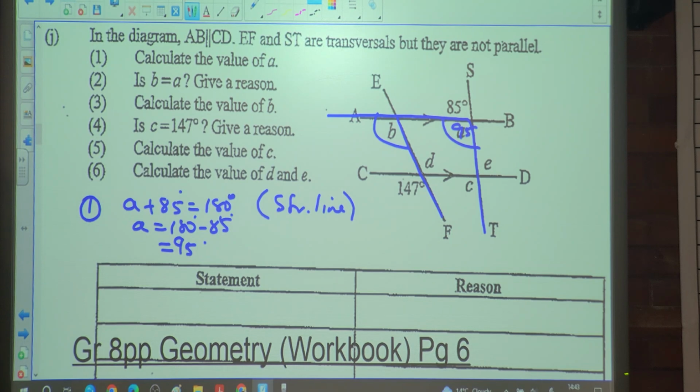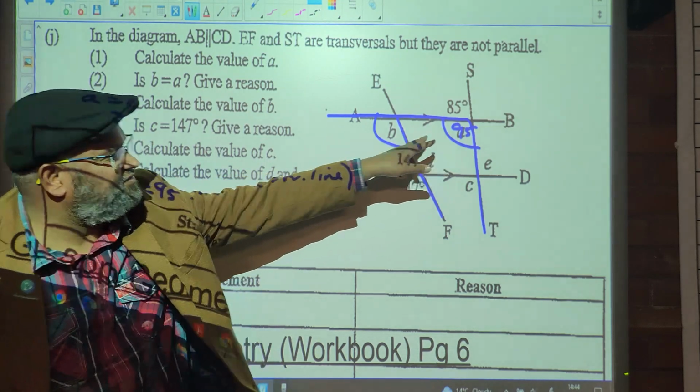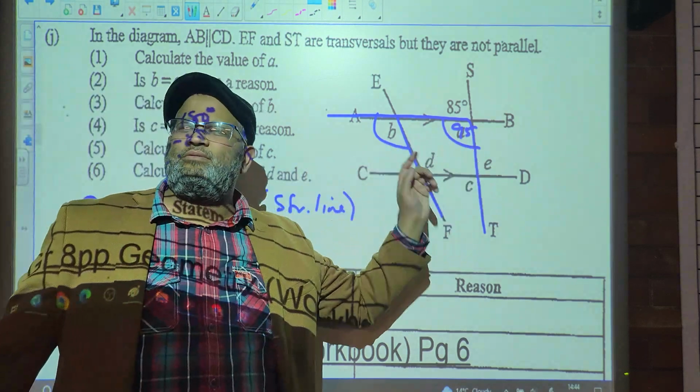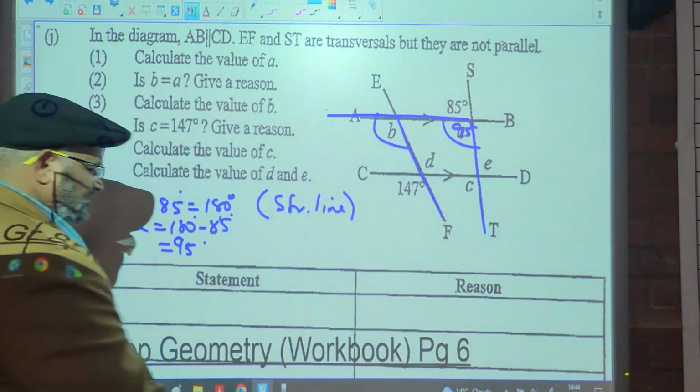But you guys understand why we can't say it's 95? Because these lines are not parallel. Okay.